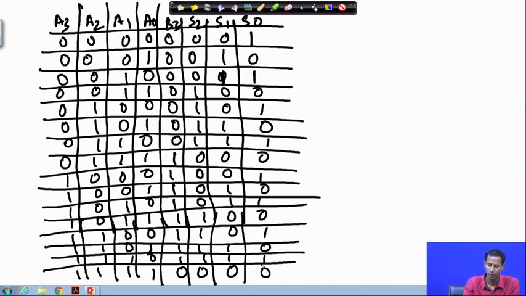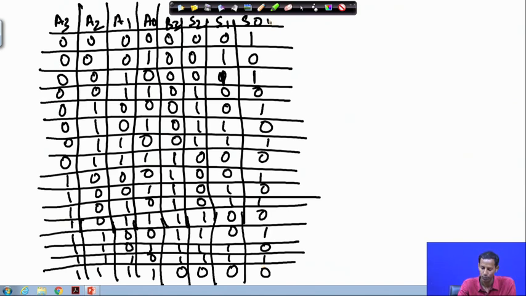So from this particular table, can I visually draw any relation for how the output changes with the input?